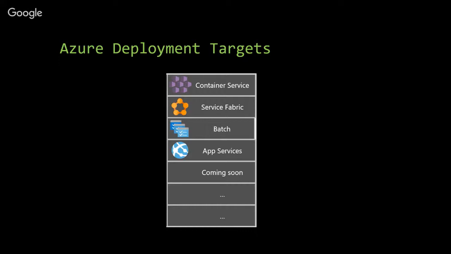You can host single Docker containers, and we're actually going to delve into app services a little bit in a minute. And then there's others coming soon. For instance, they just released the Azure Kubernetes service. The reason I'm not talking much about that is because I frankly don't know that much about it yet, because it is fairly new. So there's all kinds of different ways to deploy into Azure.